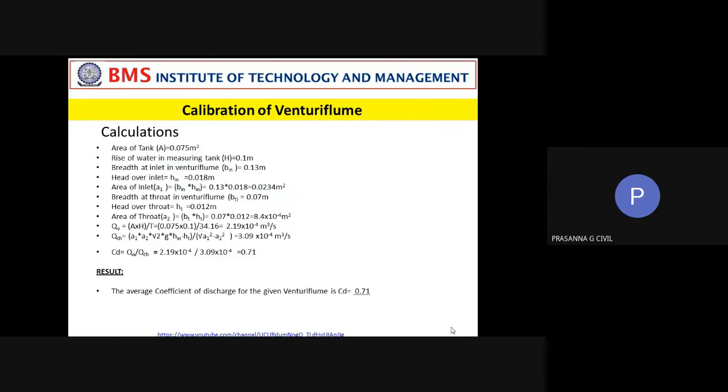The area of the inlet A1, which is BIN into HIN, is calculated as 0.0234 meter square. The breadth at the throat in the Venturi flume BT is given as 0.07 meters.